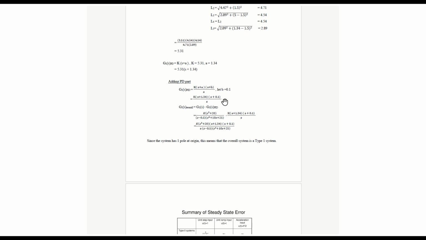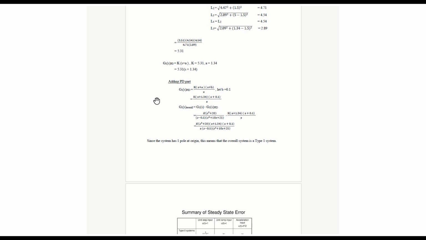Because we want to cancel out the effect of the zero, because every time we put an additional zero or pole into the locus, it will change the behavior of the system response. In order to avoid that from happening, we need to put a counter effect to it.